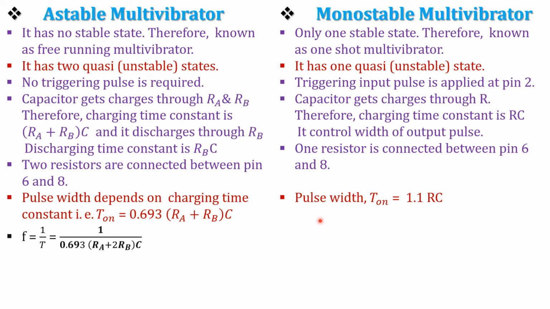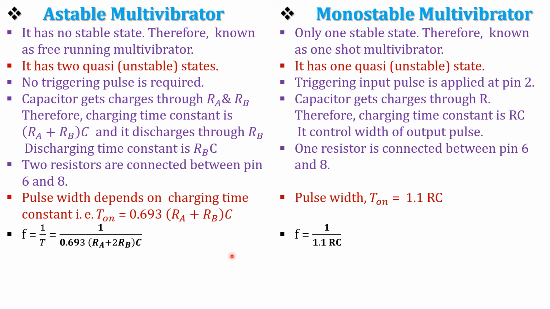Now we find the frequency. We know that the frequency is the reciprocal of the period of the output signal, that is 1 by T, and T is the sum of T on and T off. Combining together, we get 1 divided by 0.693 multiplied by (Ra plus 2 Rb) multiplied by C. For monostable, the frequency depends upon the pulse width, hence the frequency is 1 divided by 1.1 RC.